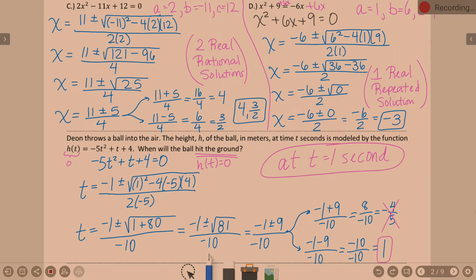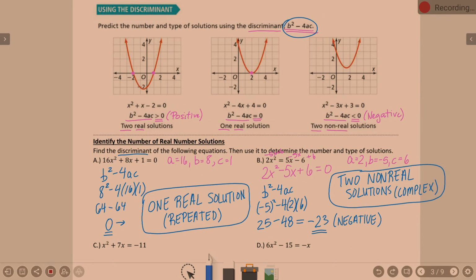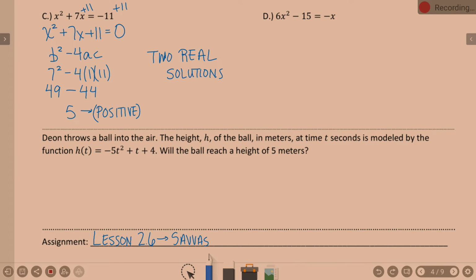We could do that, so that gave me rational solutions. So, exactly what we need to think: can you do the square root of 5? No. Since I can't do the square root of 5, these are going to be irrational solutions. Irrational. Strike that.